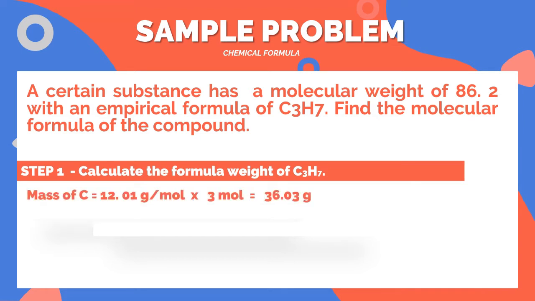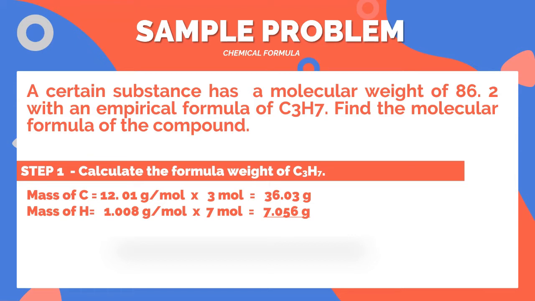First, we have the mass of carbon. The molar mass of carbon is 12.01 gram per mole, multiplied by the number of moles, which is 3. So we would get 36.03 grams. Next, we have the mass of hydrogen, which is 1.008 gram per mole times the number of moles, which is 7.